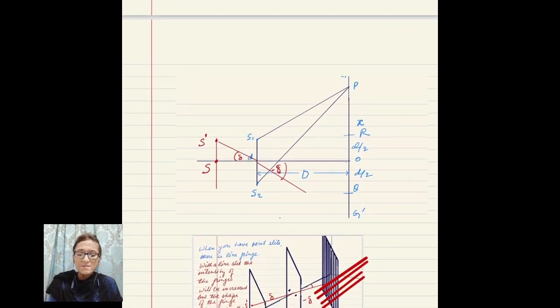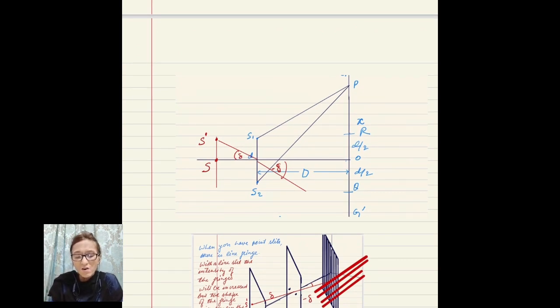Now what happens when you change the position of the first slit S, and it is displaced to a distance and brought to a point S dash, so that the angle made in between is delta. Here at S, if you take a point A, the angle SA S dash is equal to delta, then you will find that the fringes have shifted on the negative side by the same angle, minus delta.